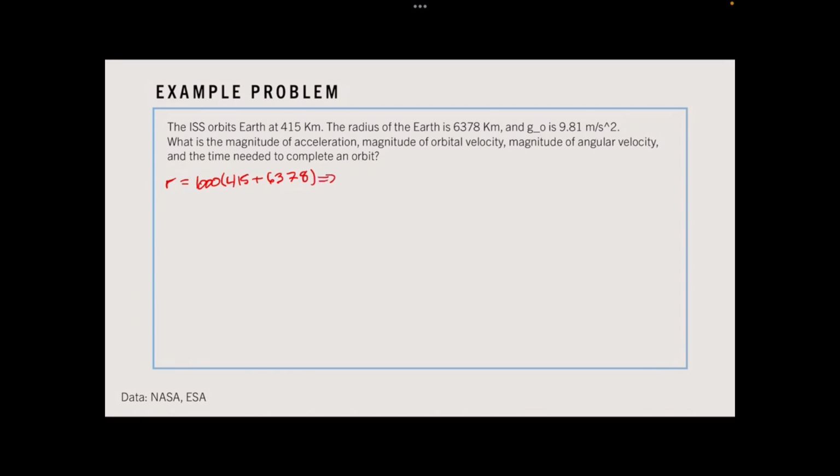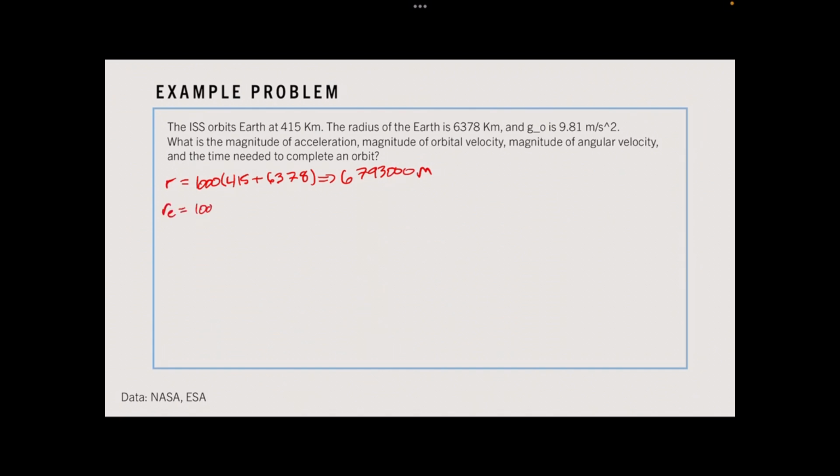Let me plug this into my calculator here. It's going to equal 6,793,000 meters.